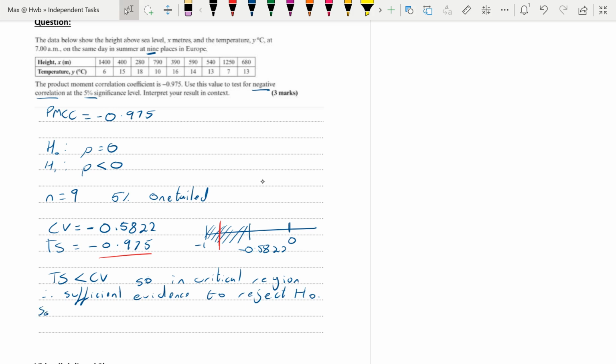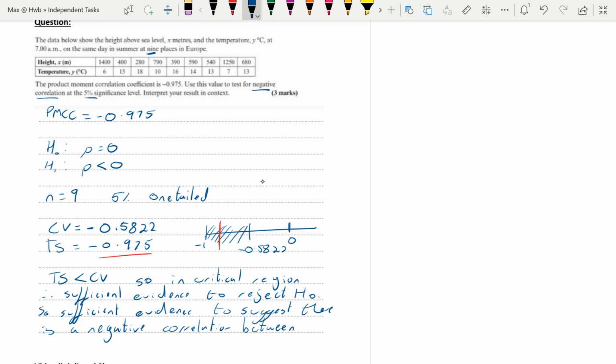So this is what I set my sentences as every time, the same, so it helps me out. So sufficient evidence to suggest there is a negative correlation between, and I'm going to state what they're between.